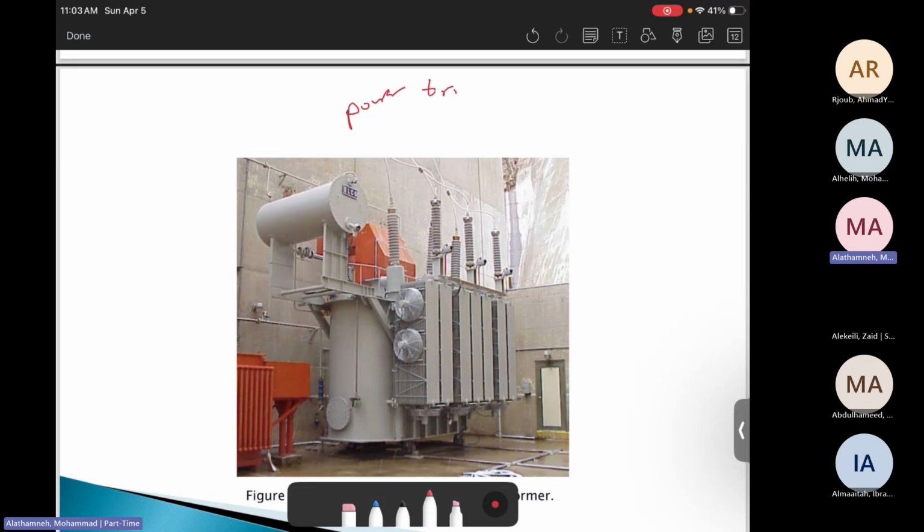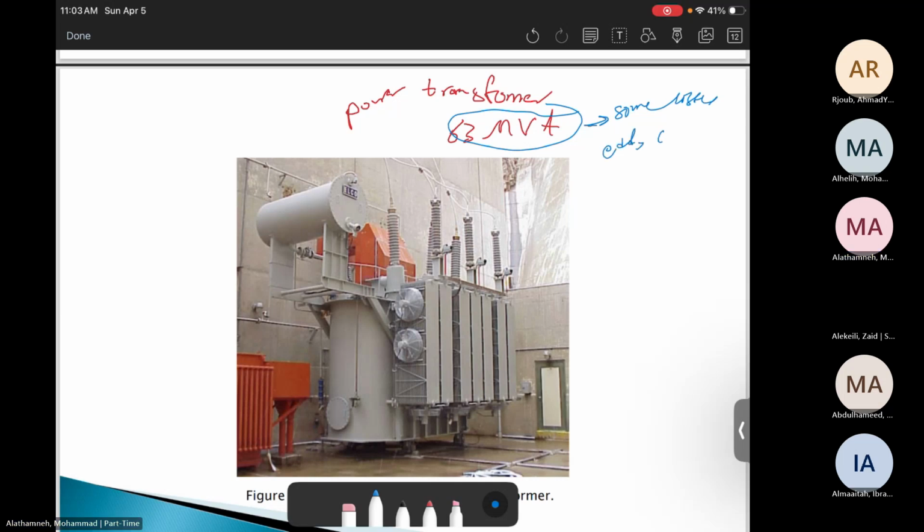For the power transformer that can handle up to 63 megavolt ampere, there will be some losses, like eddy current losses. These losses will be translated into heat. If it is getting too much heat, we need to cool it down. How to cool it? There is oil. The transformer will be filled with oil.